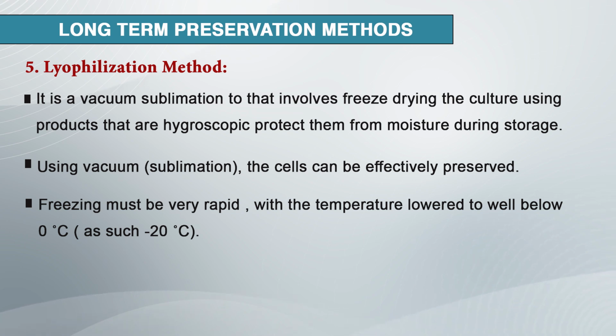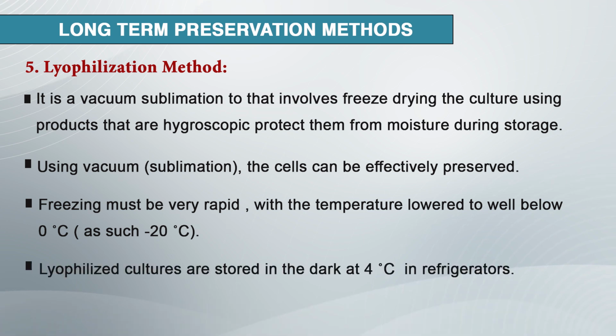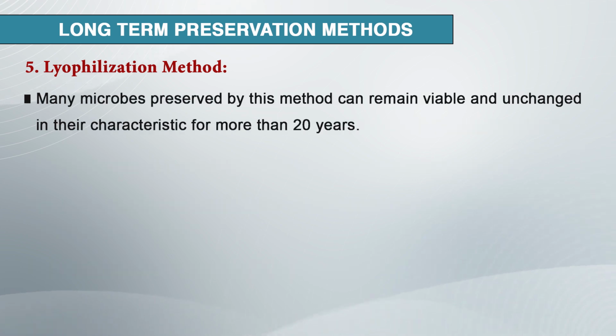Freezing must be very rapid, with the temperature lowered to well below 0 degrees Celsius, such as minus 20 degrees Celsius. Lyophilized cultures are stored in the dark at 4 degrees Celsius in refrigerators. Many microbes preserved by this method can remain viable and unchanged in their characteristics for more than 20 years.